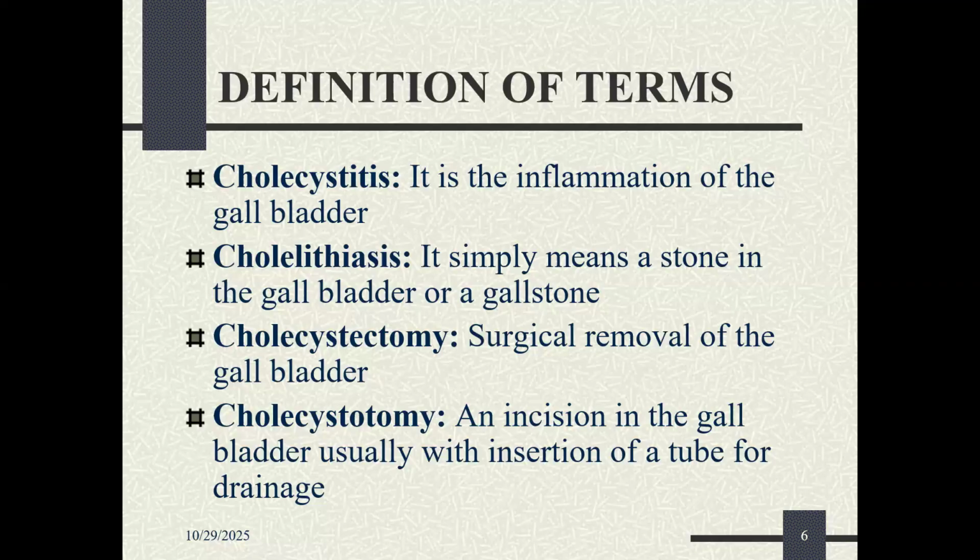So basically, that is all about the movement and certain conditions that may affect the gallbladder or the movement of bile. So we have to understand that and get the concept.